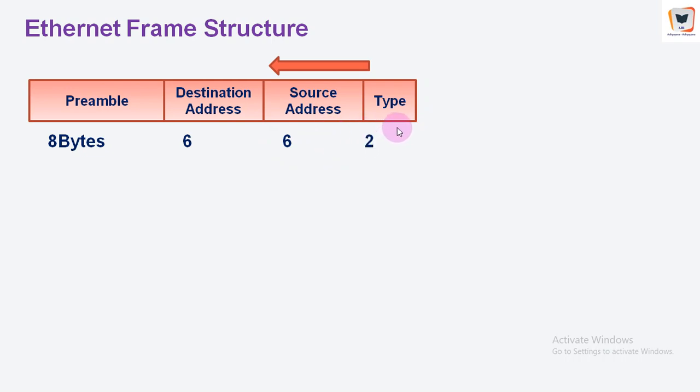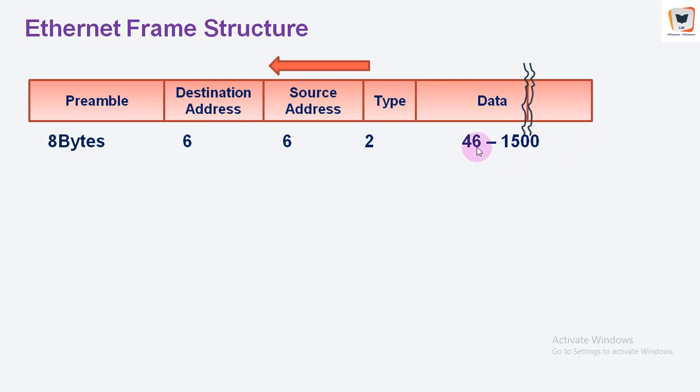Type is analogous to the upper layer protocol to which this data is to be handed over, and the data field varies from 46 bytes to 1500 bytes. The type field will indicate to which protocol the datagram of the network layer is to be handed over. The last part, the trailer of this frame, happens to be the CRC code.